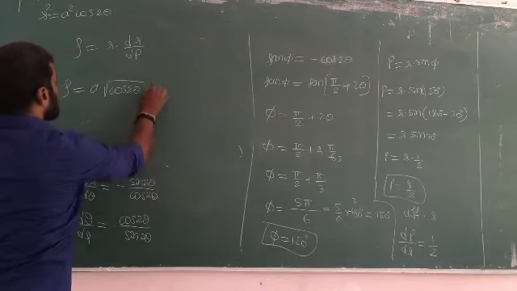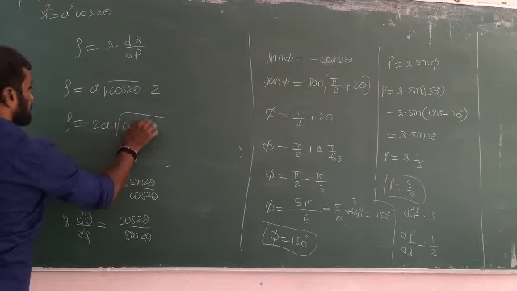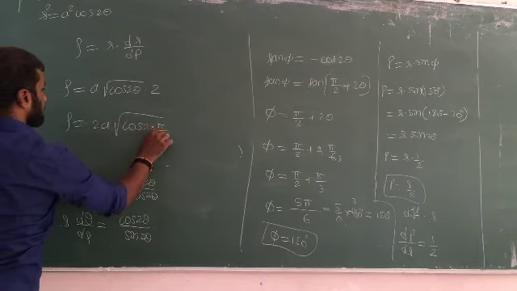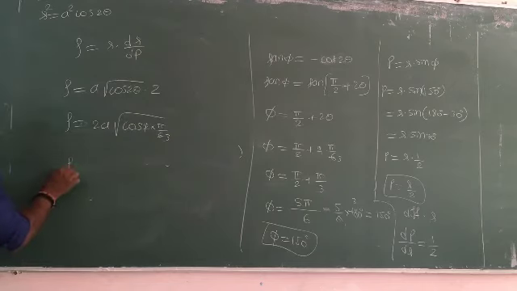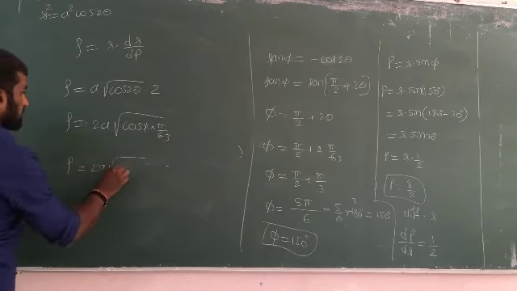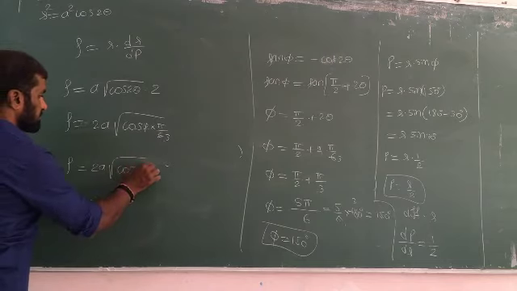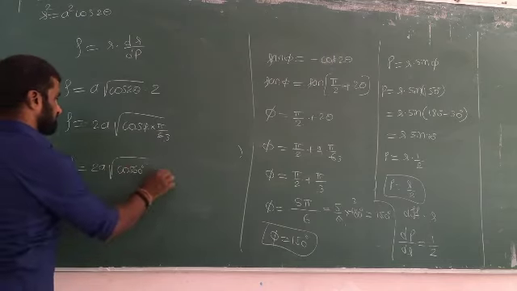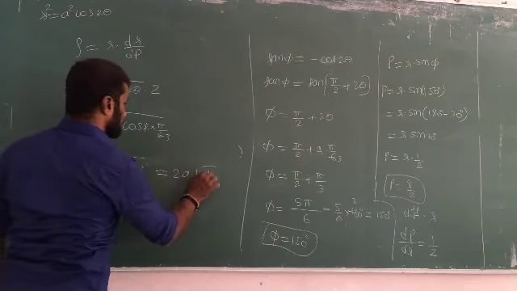So reverse one it is 2. So rho is equal to 2a into root of cos of 2 into theta value 5 by 6, that is cos of 5 by 3. So cos of 60 degree. Cos 60 degree is 1 by 2.